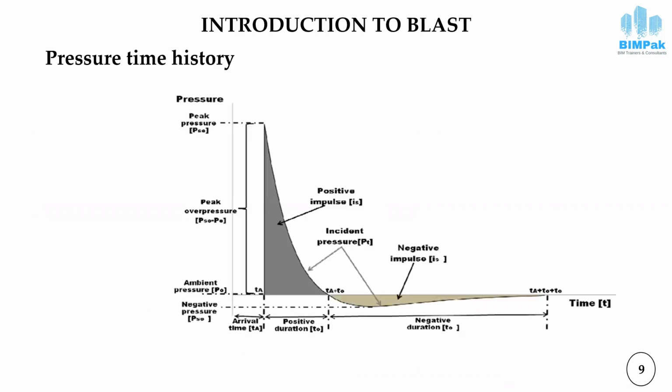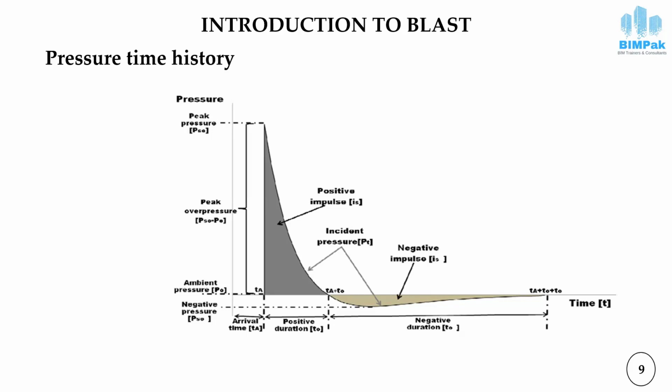This is the pressure time history of blast loading. For example, in this case, we can see that we have an arrival time. It is the time taken by the shock wave to reach the target. So when an explosion takes place, a certain time will be taken by the shock wave to reach the target.